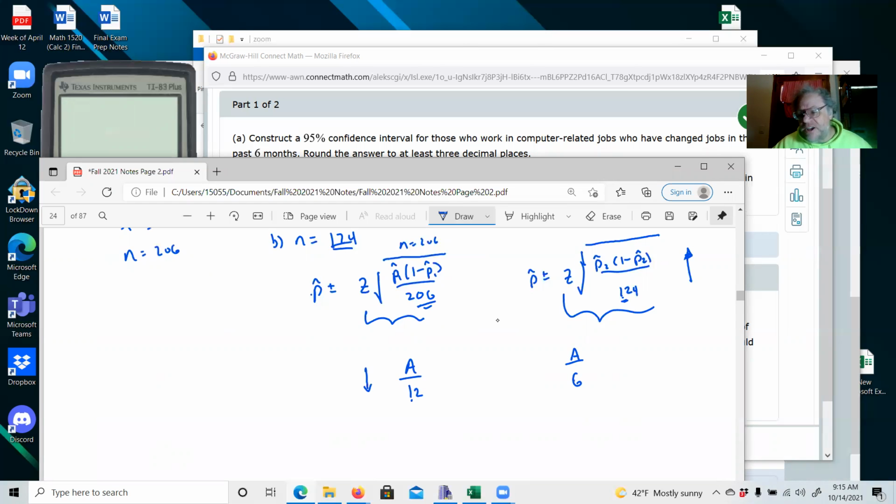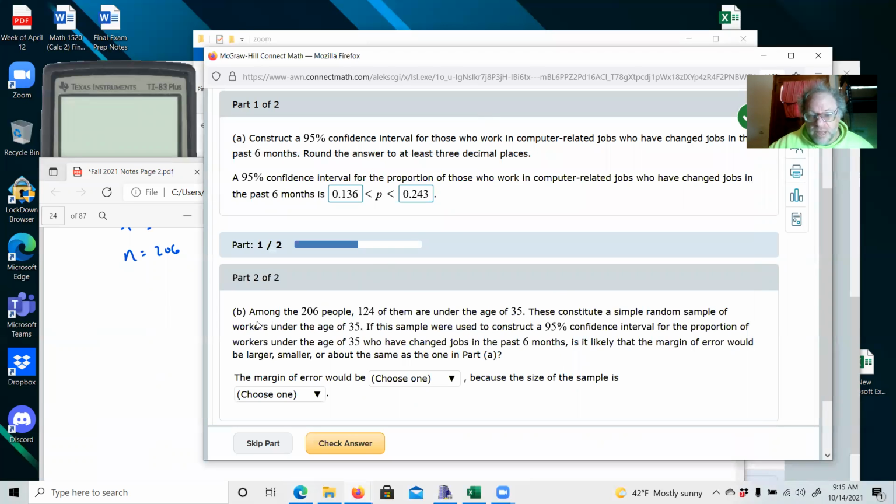But if I cut my pizza into 6 pieces, those are going to be sometimes ridiculously large pieces of pizza. So that's going to go bigger. So my margin of error should be a bigger number. The margin of error will be larger because the sample size is smaller.